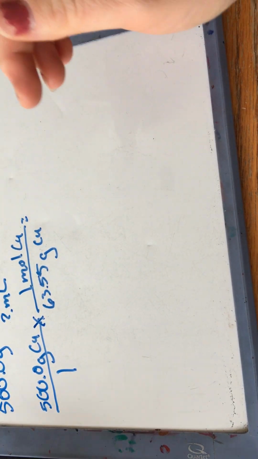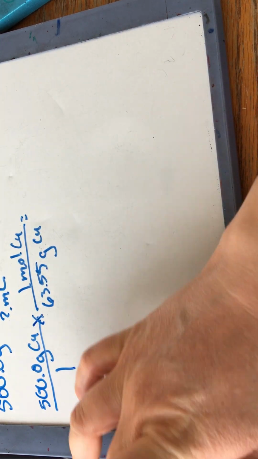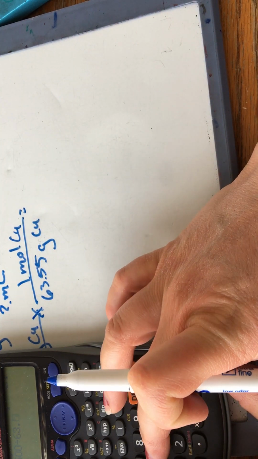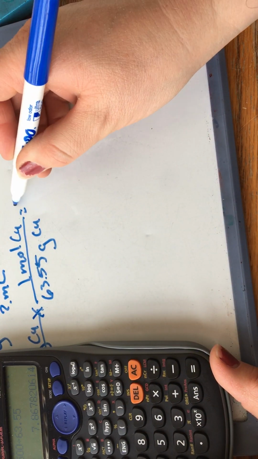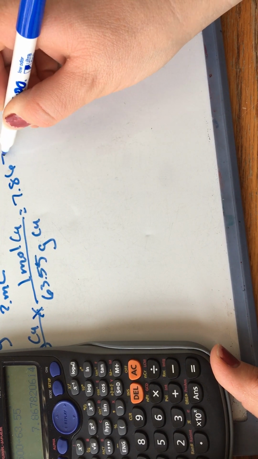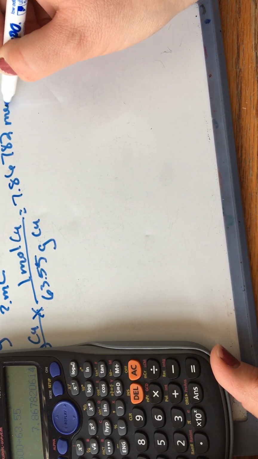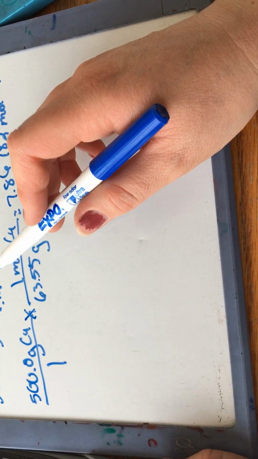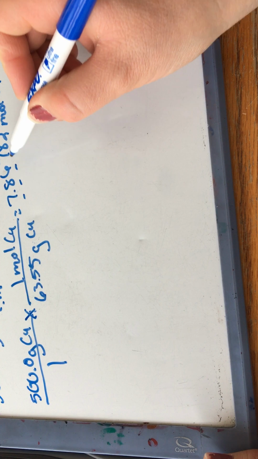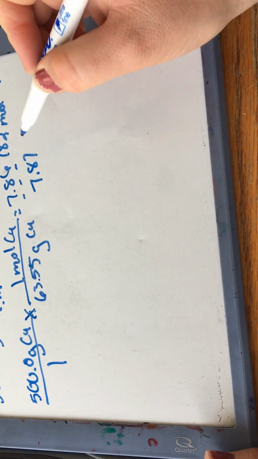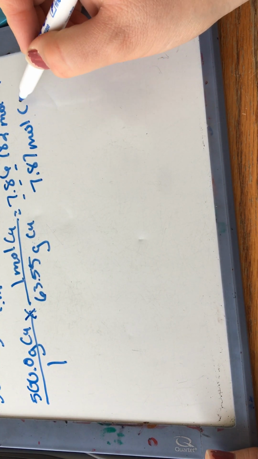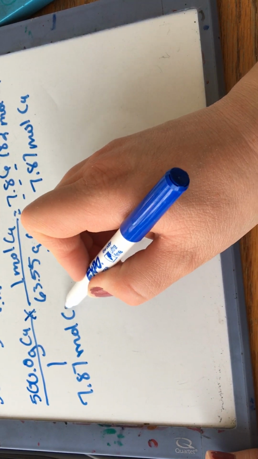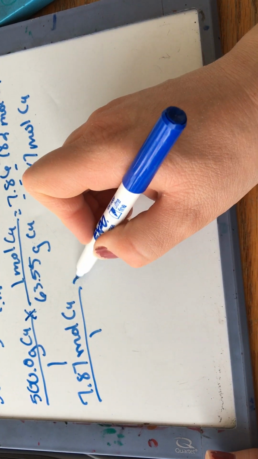So 500 divided by 63.55 equals 7.86782 moles of copper. We want to stay true to our sig figs, which 3 is our smallest. So 7.87 mole copper over 1.